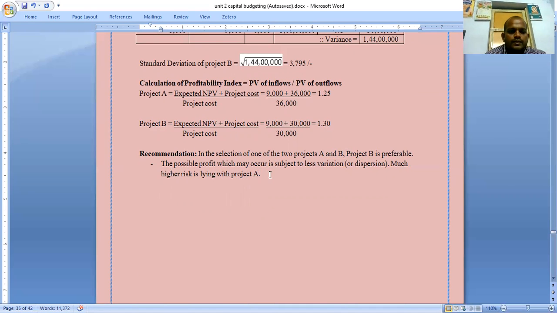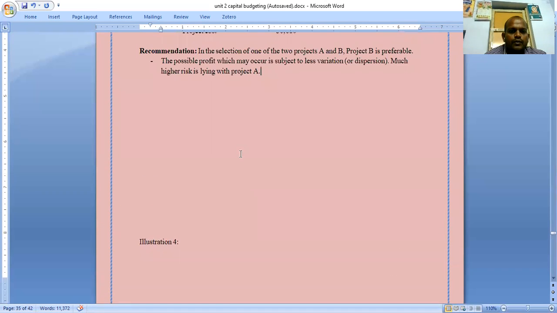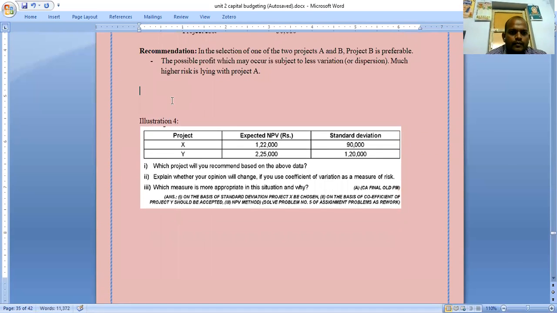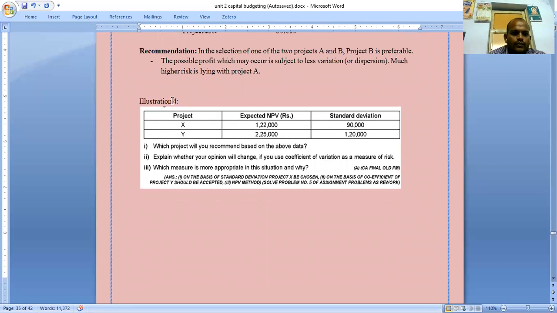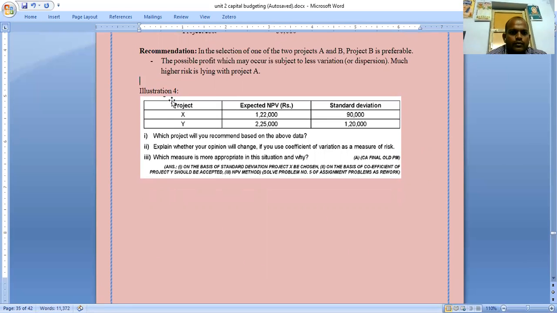So next, illustration 4. Project X and Y, expected NPV, standard deviation. Which project will you recommend based on the above data?